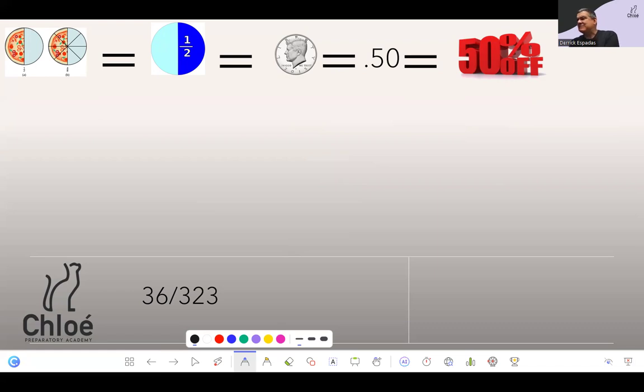Something this big and unwieldy, I would just go ahead and use a calculator. So I'm just going to take 36 and divide it by 323. I'm going to get this huge gross decimal, but we're going to round it. So I have 0.111. I'm going to round it to 2 decimal places just for ease of this example. So we're now at 0.11.